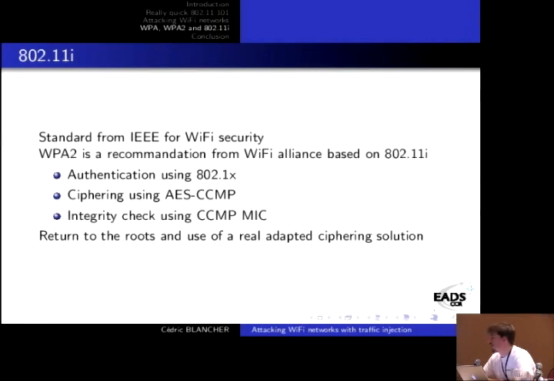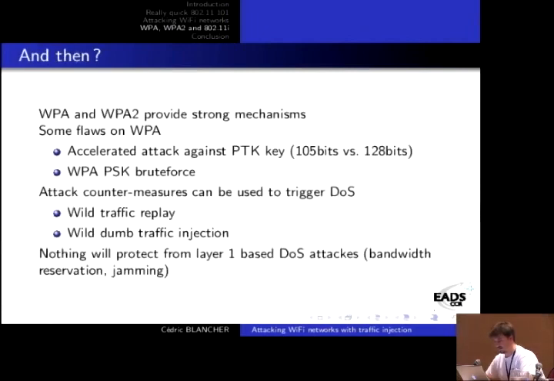So now we're back to this solution is solid. It's been studied, it works quite well, and it provides a good solution to Wi-Fi network insecurity. So you have a strong mechanism, but you have some flaws that are left.